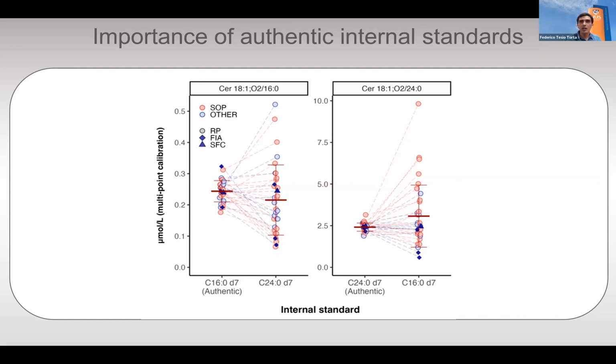All these can have a relevant effect. We thought that some of this variability could be minimized by using HILIC or SFC separations or flow injection, where we have coelution between the analyte and the standards, so that we can have better co-ionization.